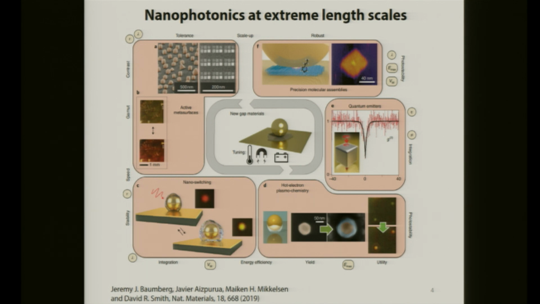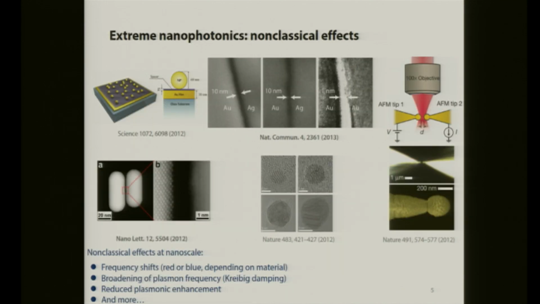In those situations, people have found with both optical and electrical measurements pronounced non-classical behaviors in those geometries. These non-classical effects cause spectral shifts and broadenings, and they also severely reduce the plasmonic enhancements in the hotspots of the nanostructures.